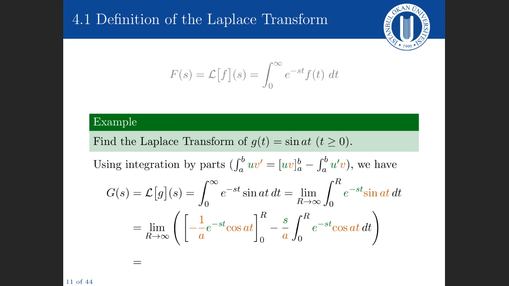So I'm going to differentiate the green function, differentiate e to the minus st, and I'm going to integrate the orange function, integrate sin(at). And then take the limit, I get 1 over a minus s over a times the integral from 0 to infinity of e to the minus st cos(at).